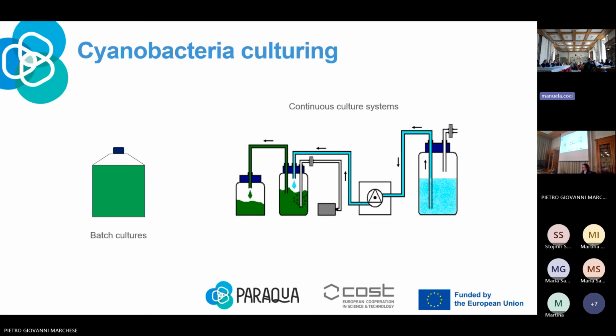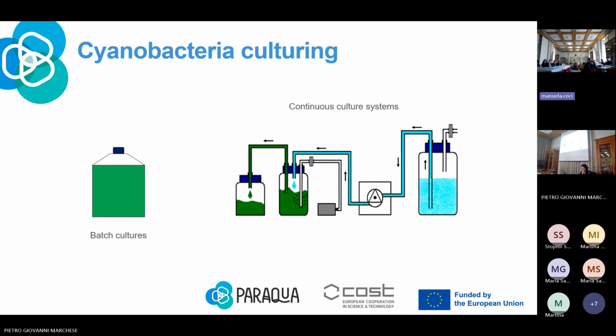Also, regarding the culturing of cyanobacteria, we can apply different methods. The most common for storing cyanobacteria is batch culturing in bottles. We can use different types of bottles, plastic bottles, glass bottles. Also, we can create a continuous culture system with chemostats and a peristaltic pump.